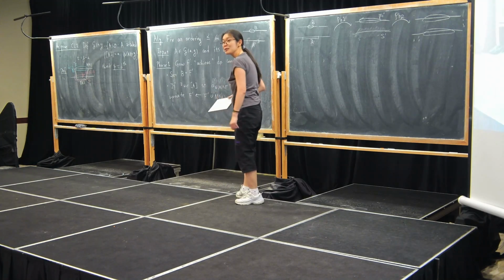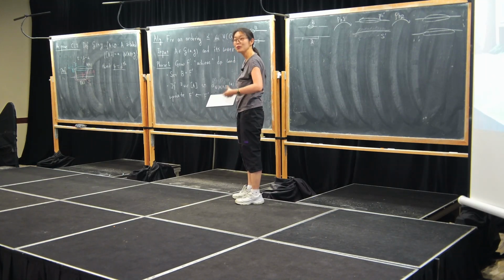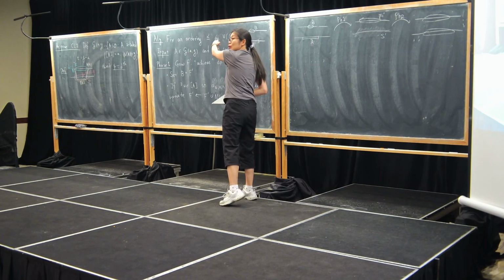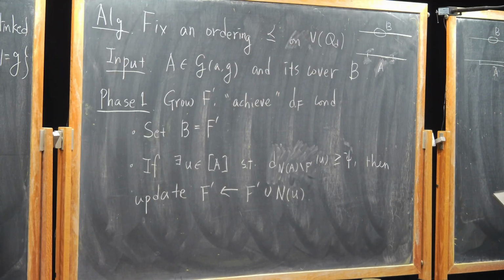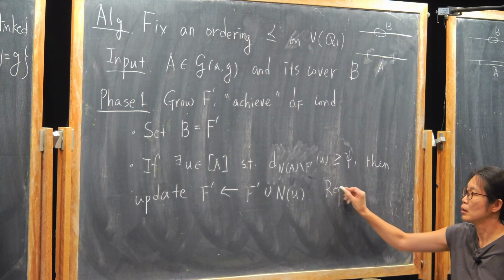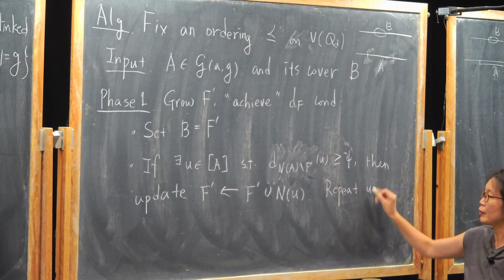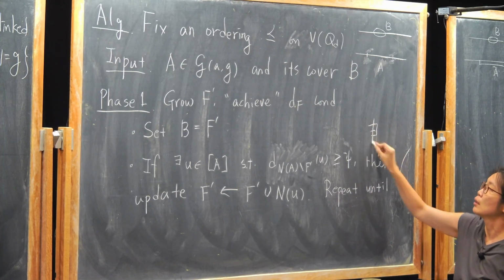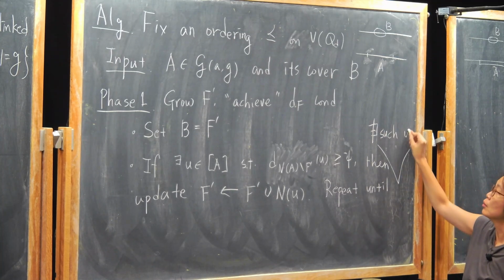And if that happens, then to keep the uniqueness, we just use the ordering to pick the first one. That's how we break ties, okay? And then we repeat this until there doesn't exist such U.